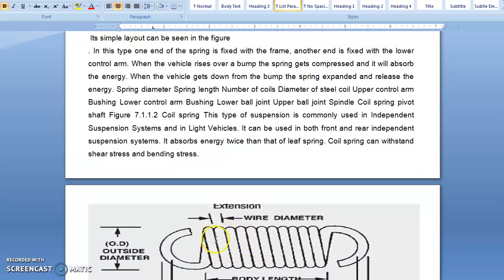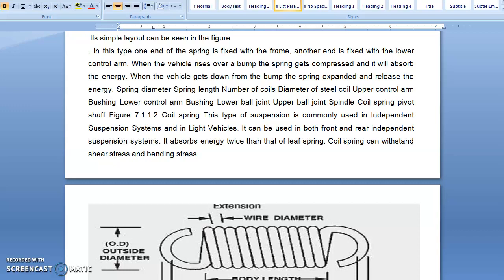In this type, one end of the spring is fixed with the frame, the other end is fixed with the lower control arm. When the vehicle rises over a bump, the spring gets compressed and absorbs the energy. When the vehicle comes down from the bump, the spring expands and releases that energy.